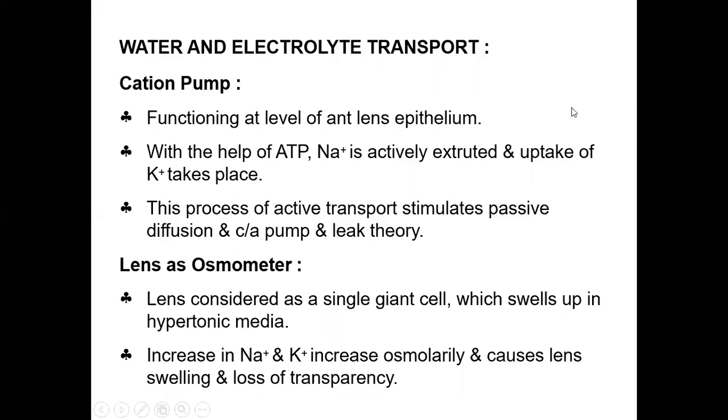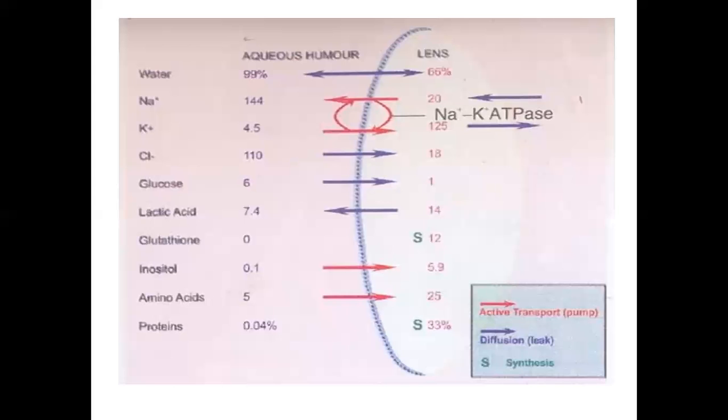Lens as osmometer. The lens is considered a single giant cell which swells up in a hypertonic medium. An increase in sodium and potassium increases osmolarity and causes the lens to swell and lose transparency. Here you can see the active transport pump mechanism and the diffusion or leak.